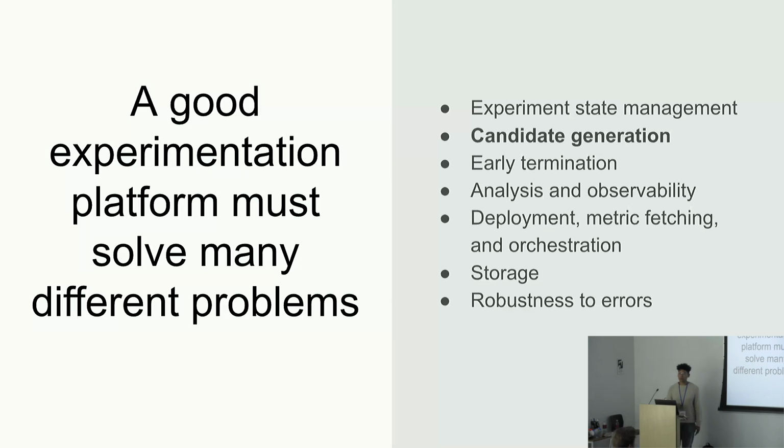Sometimes we want to automate deployment and metric fetching. We want to make sure that we're saturating our experimentation resources, so running as many trials as we're able to. All of this orchestration is totally different from seeing yourself as just a PyTorch developer developing new models or new acquisition functions. There's all this overhead that needs to happen before you can start deploying your new methods onto real-world problems.